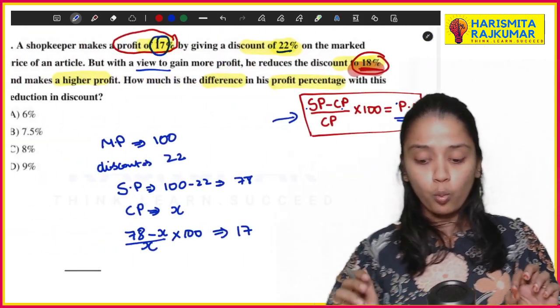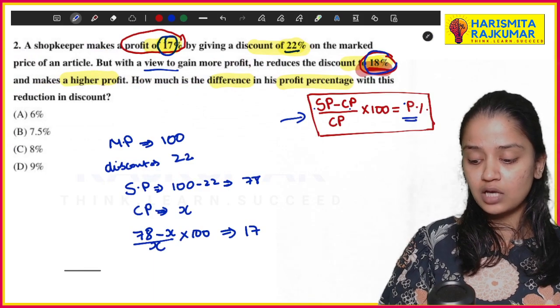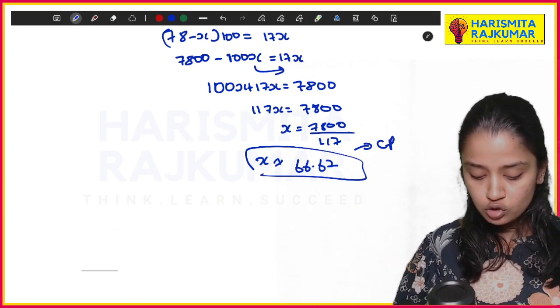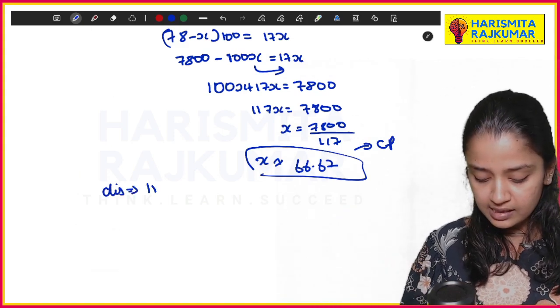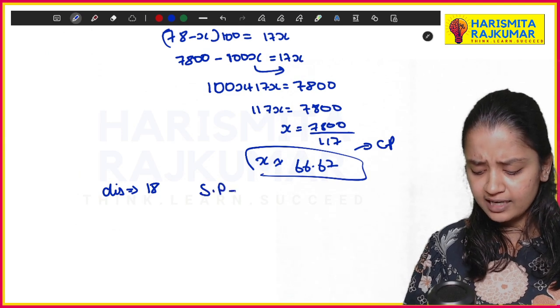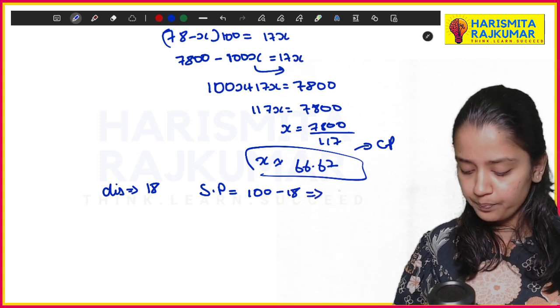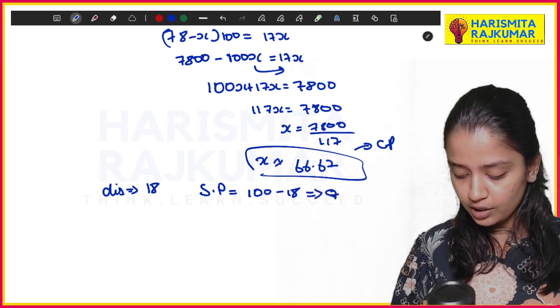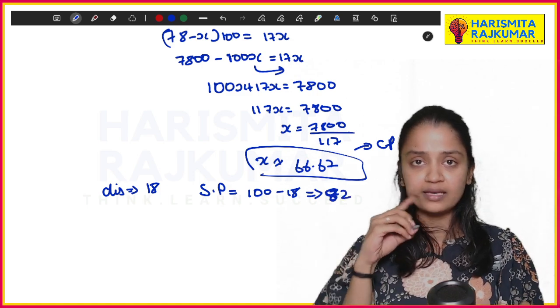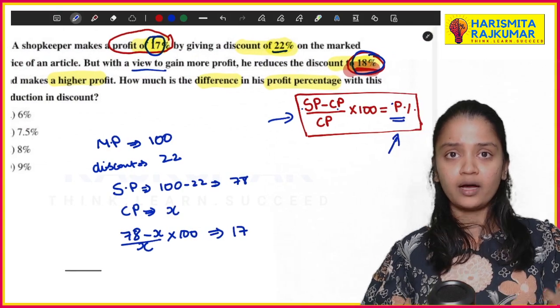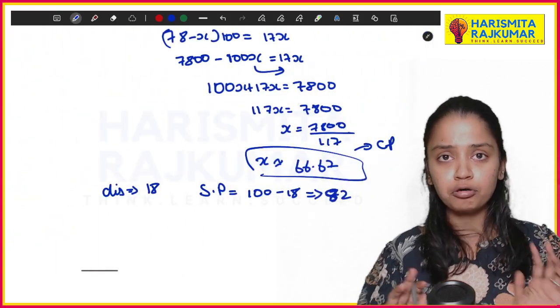Now what did they ask? If I'm giving you an 18% discount, what will be the profit? If the discount is 18%, then the selling price is 100 minus 18, which is 82. Again, to find the profit percentage, I use the same formula: SP minus CP, by CP, into 100.